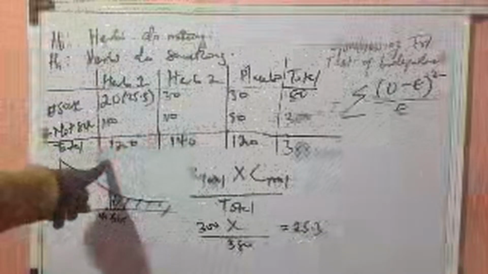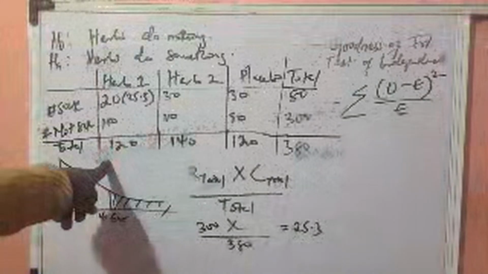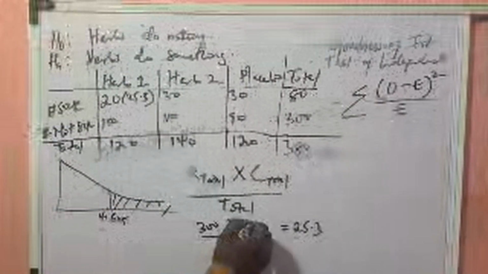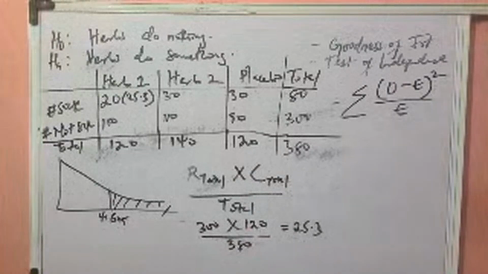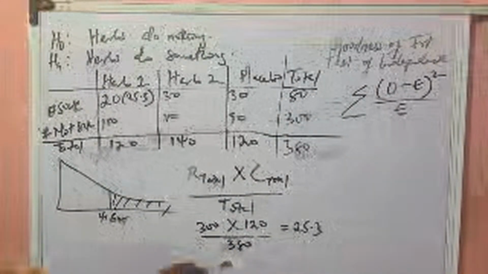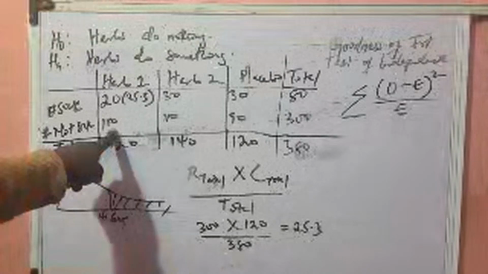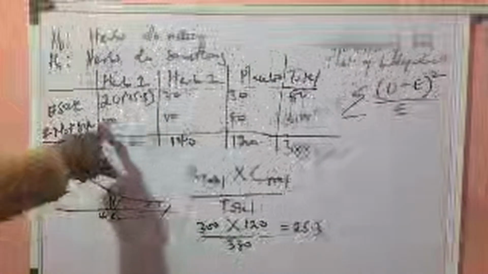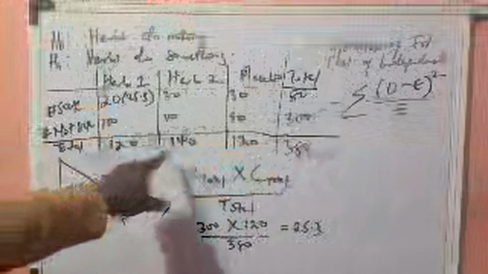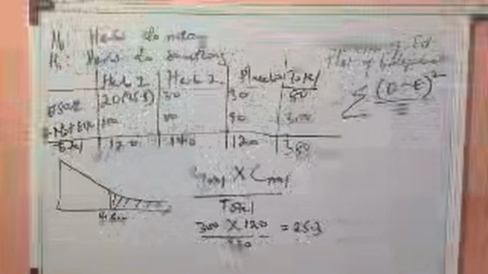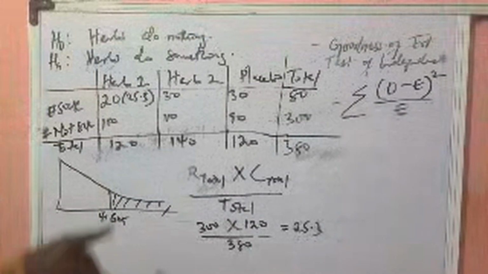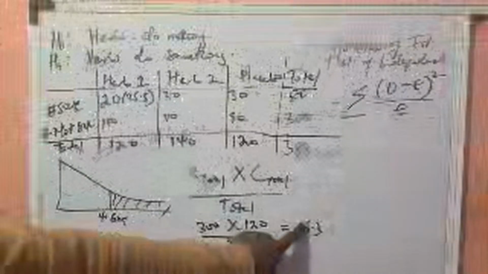This 100 was on column 1 with a total of 120. So 120 divided by 380. So for this 100, we find the expected value as the row total, 300, multiplied by the column total, 120, over the total, 380. So in this case now, if you put this on a calculator, what value is it going to give you?